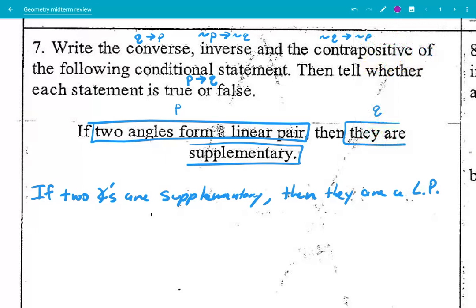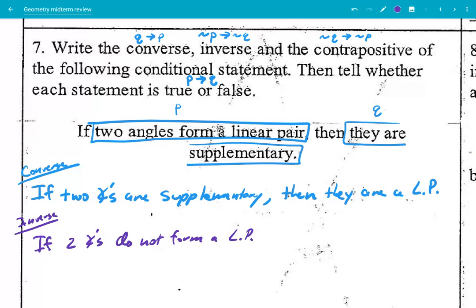That's the converse. Here's the inverse, and this is going to be just negated. So if two angles do not form a linear pair, then they are not supplementary.